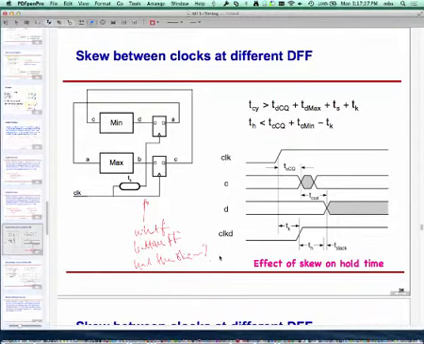Wires are RC, resistance and capacitance, so they take even more time. They have big capacitance, and they take time to charge up. So you have not just a standard speed of light delay, but you also have to worry about all this charging and discharging. So wires can have significant delays, and they can cause you problems. Clock skew throws additional complications when you are doing this hold time and setup time analysis.